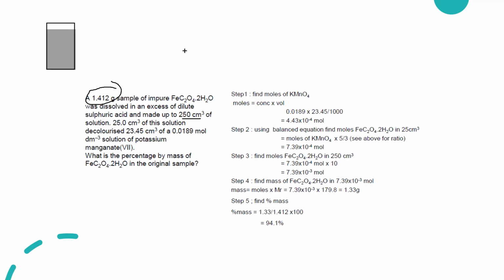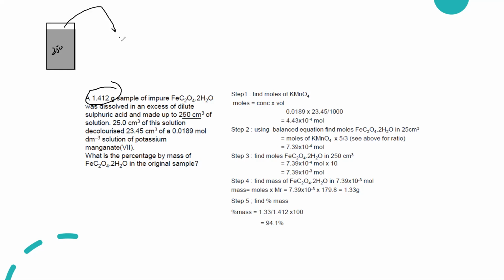We need a greater amount of titre from the burette, so we may have to refill the burette. That will increase the inaccuracy. That's why we take a small quantity of the substance for which we are finding the concentration or the moles. So we make a dilute solution so that we need a small quantity of titre from the burette. So it was made up to 250 cm cube, but we only took out 20 from 250.